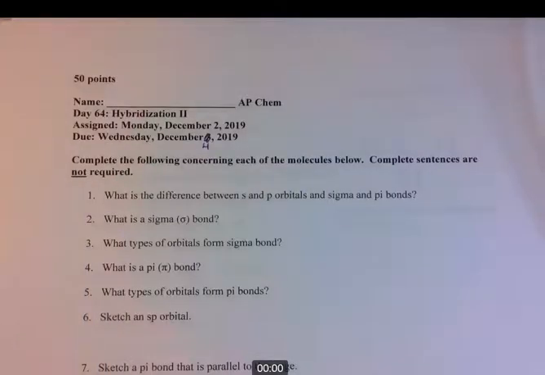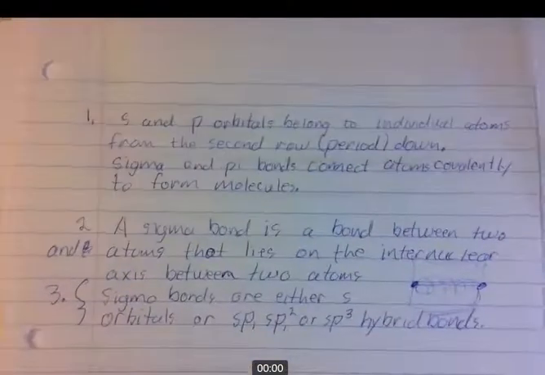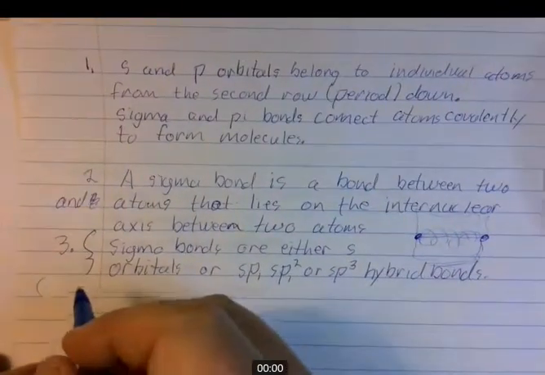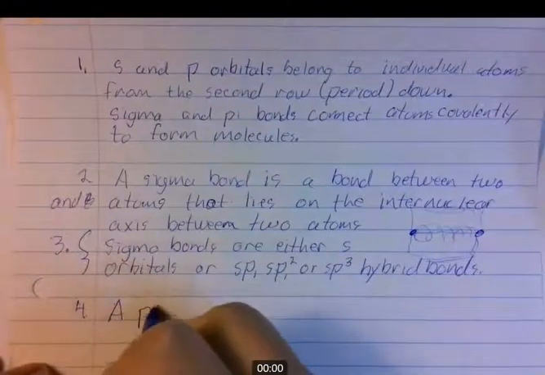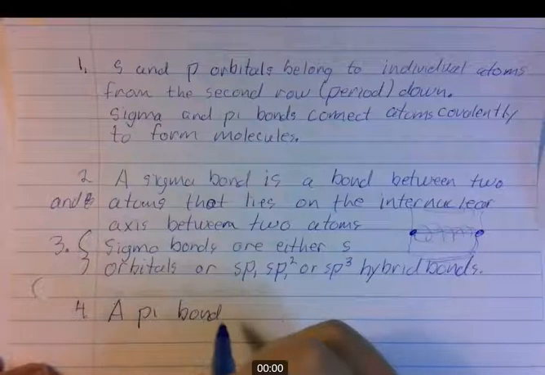All right. Okay, what is a pi bond? So number 4.